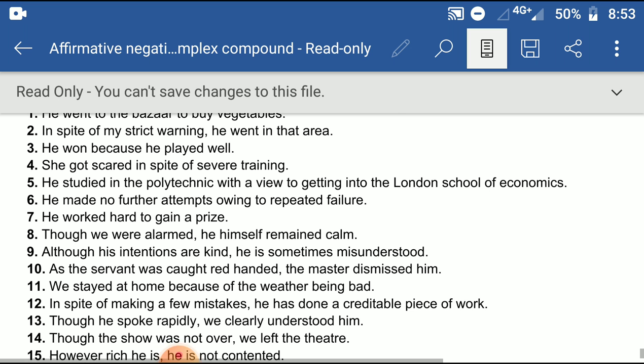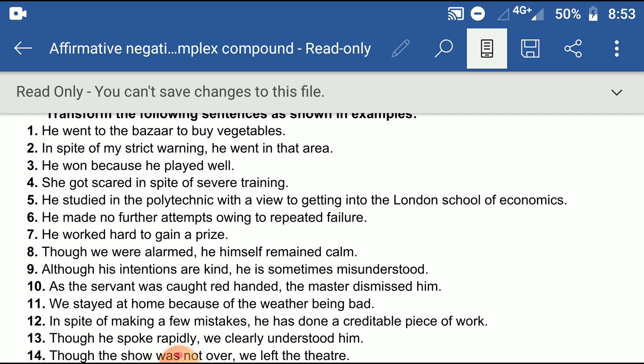Now here again, as I told you, when a possessive pronoun is given in a simple sentence, we have to change it to a subjective pronoun to make it a compound or a complex sentence, because there we need a second verb. Here only one verb is given, went. In strict warning there is no verb, so from either of those words we have to choose a word that can be changed into a verb.